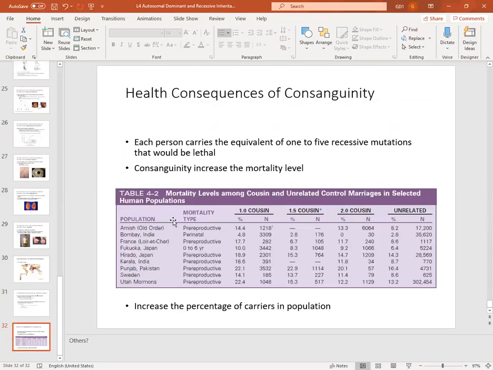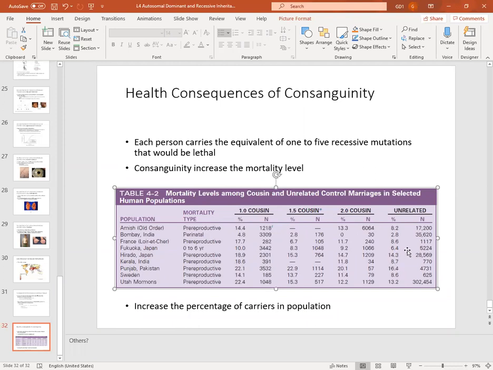This also shows statistics comparing unrelated people and people more close in genetics. So the mortality is increased in the close relationship.